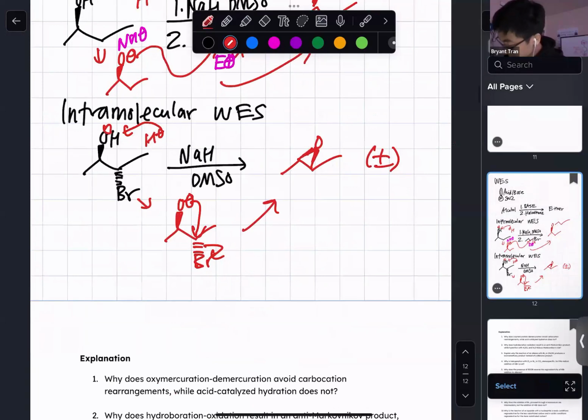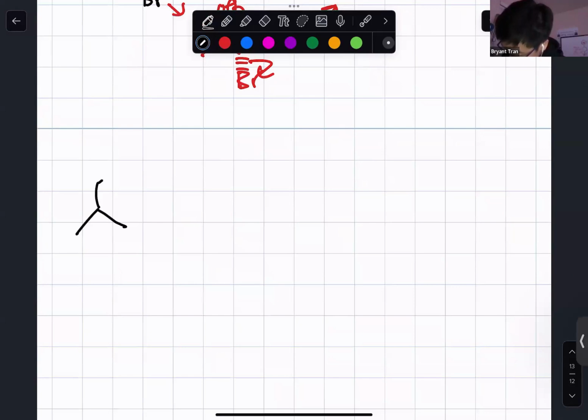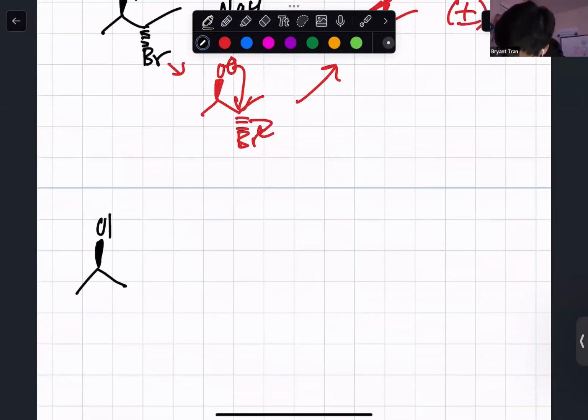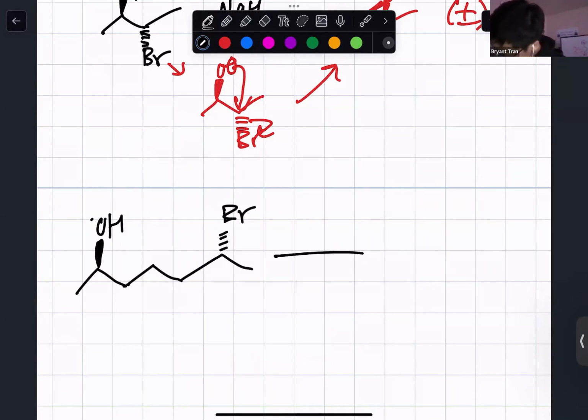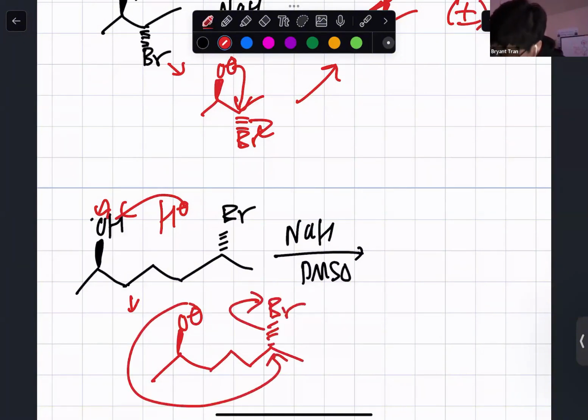Instead of that epoxide, we could have formed this bigger cyclic ether as well. Like we could have had this instead. Okay, NaH, DMSO, H minus deprotonates the alcohol, gives this O minus right here, and then this O minus attacks that carbon, kicks out the leaving group, and I'm gonna number this now.